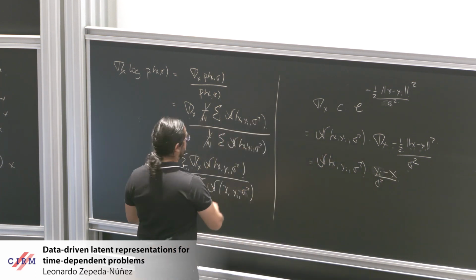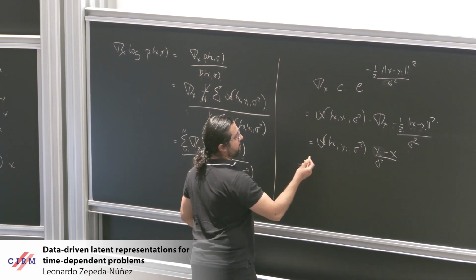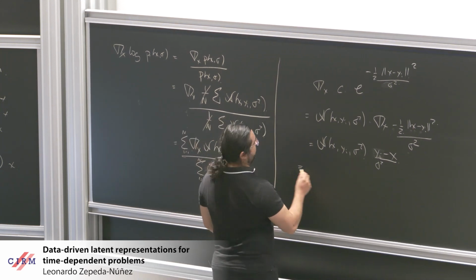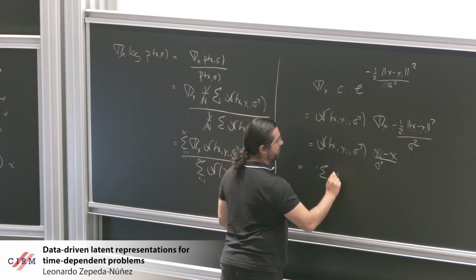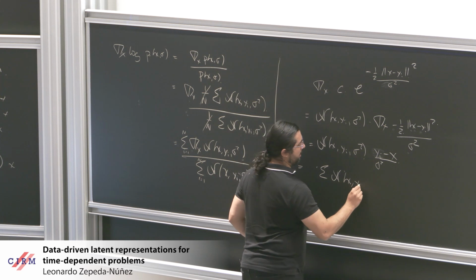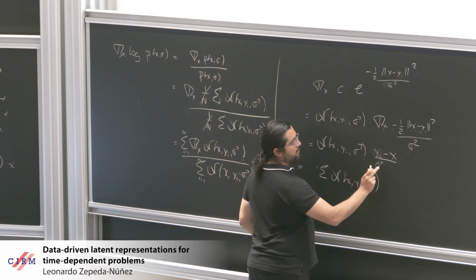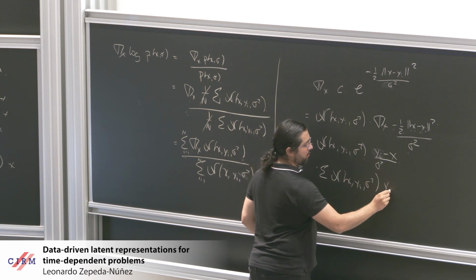Just put this inside here, and what you have is nothing more than the sum of N of x, yi, sigma square. So this one goes in here.